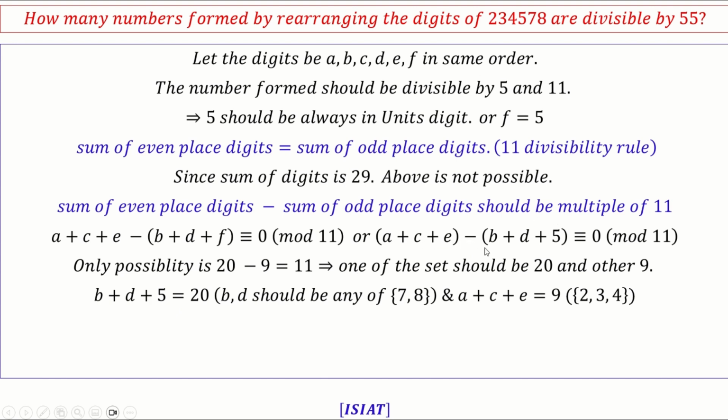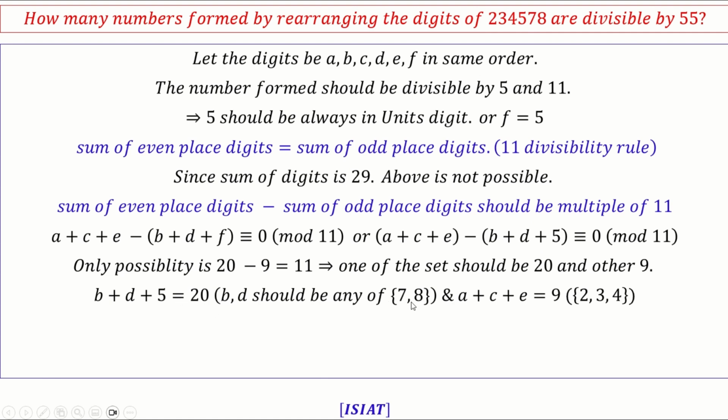If 5 is on the other side, you can't make 20. You take the maximum 7 and 8, you can't put anything else to make it 20. So 20 has to be B plus D plus 5: 7, 8, 5. That is the only possibility.